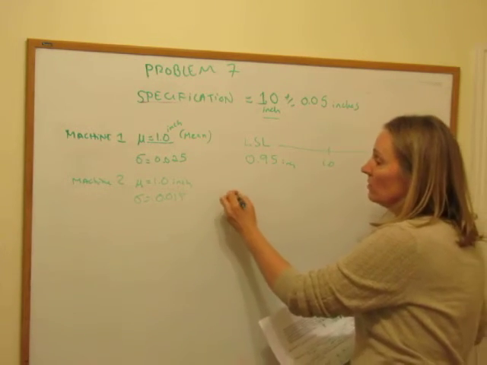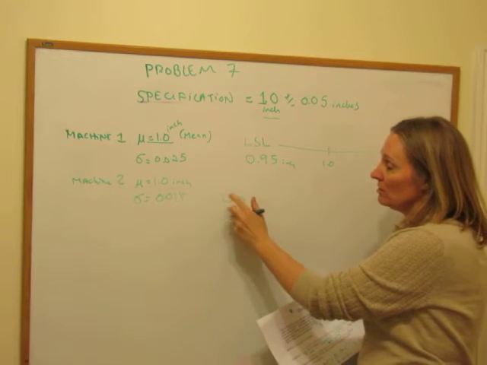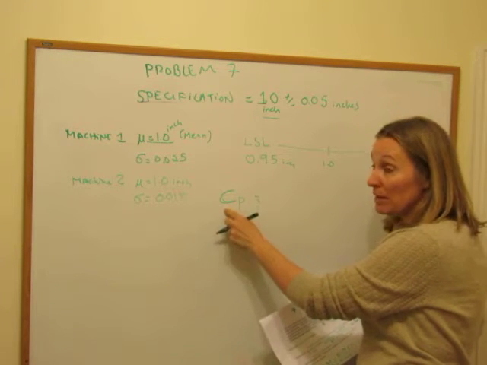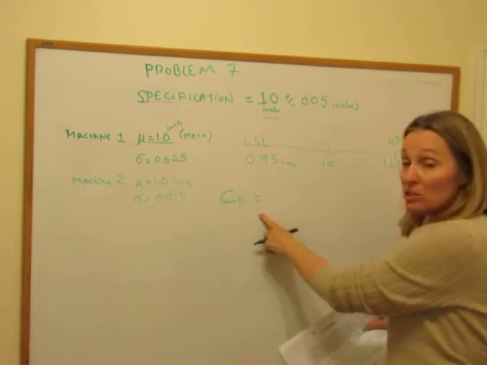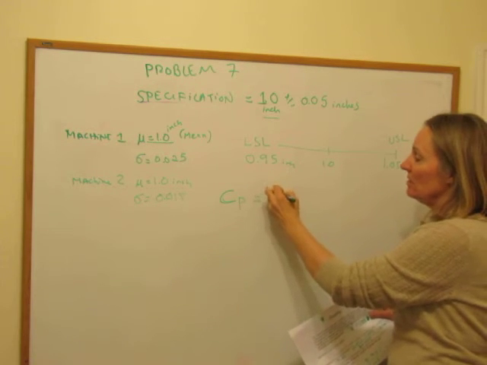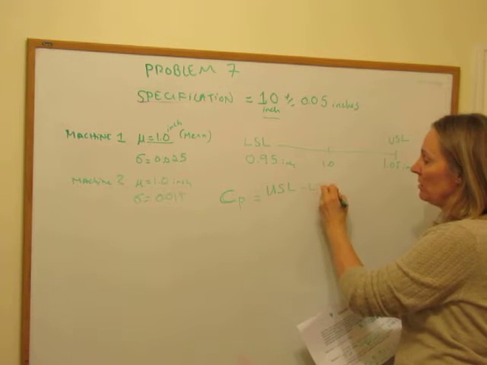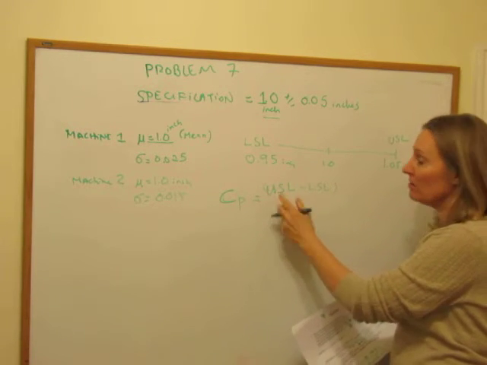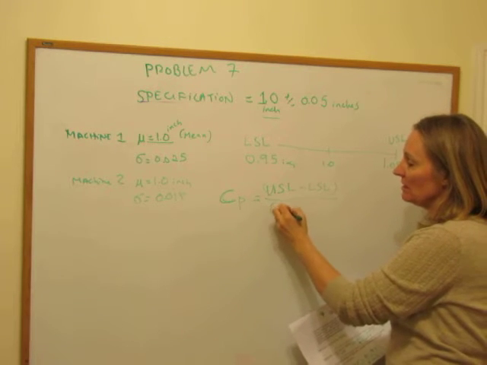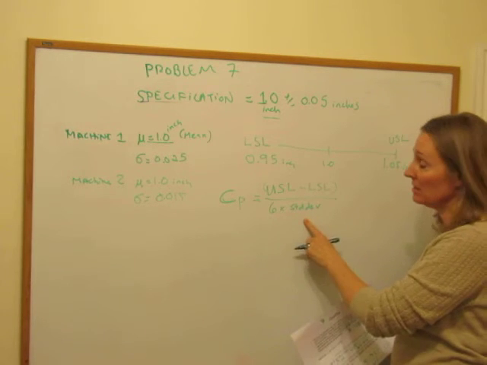So to do this, we use the formula for process capability, which is written as big C little p, so capability of the process. And that equation, which you should all have on your cheat sheets for the midterm, is the distance between the upper specification limit minus the lower specification limit. That's the numerator of our equation, and the denominator is 6 times the standard deviation of the process.